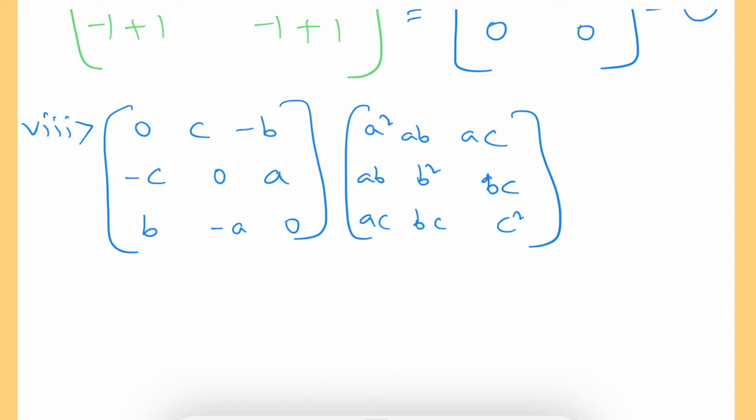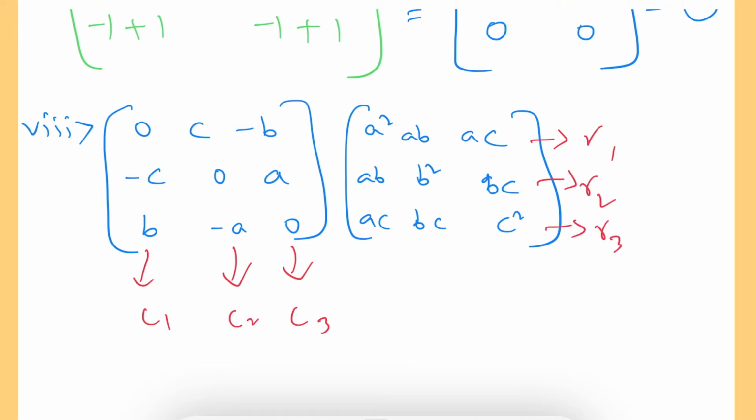Okay, here it is a 3 by 3 matrix. Column 1, column 2, column 3. Row 1, row 2, row 3. Number of columns are matching with the number of rows. So in this case, we can do multiplication. Okay, let us check it out.